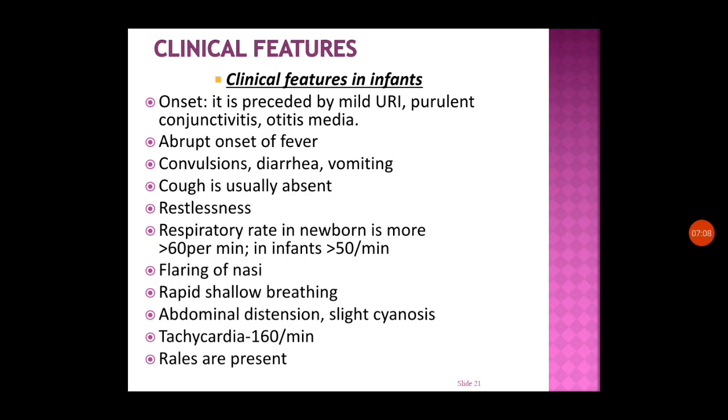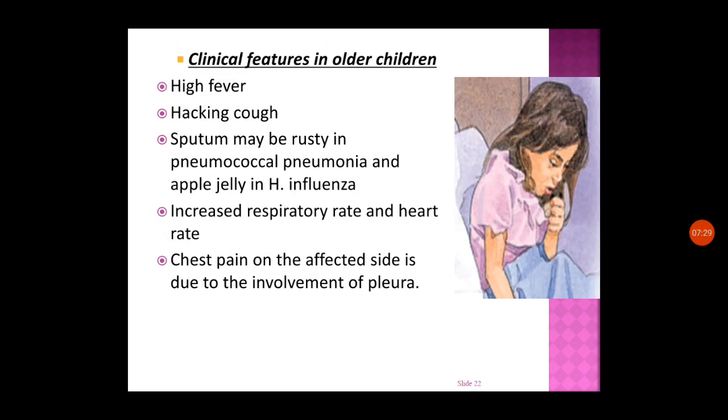Restlessness. Respiratory rate in newborns is more than 60 per minute, in infants more than 50 per minute. We have already seen the rate of small children in the previous slide. Flaring of nares, then rapid shallow breathing, abdominal distension, slight cyanosis, tachycardia, and rales are also present.